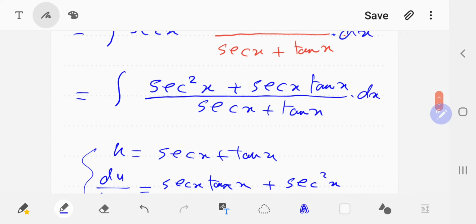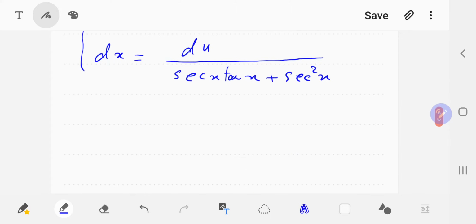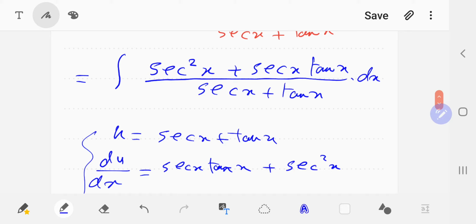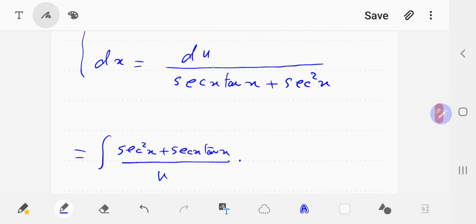All of this now, if you take it and put it here in your integration, what will you get? You will get integration of secant squared x plus secant x tan x all over secant x plus tan x, we call this u now, times du over secant x tan x plus secant squared x.